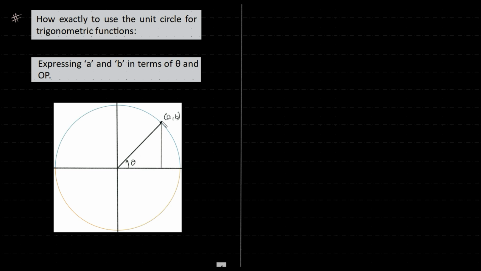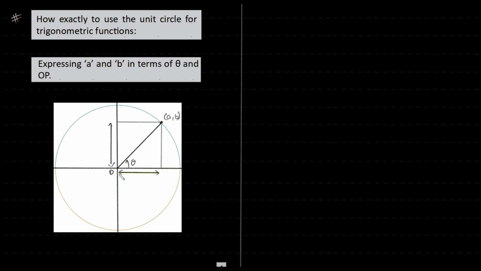The clue being this. Any idea? What is this length, and what is this length? Indirectly, we are asking that.